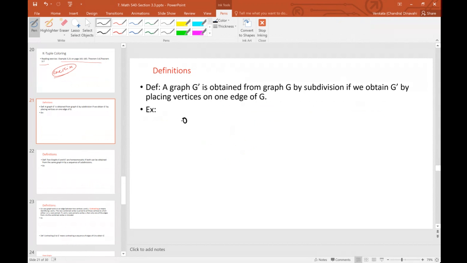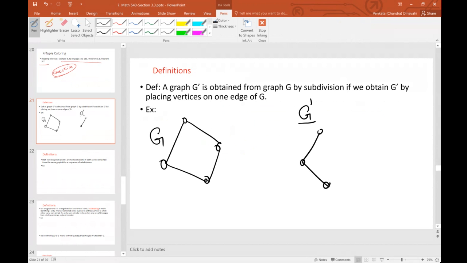Take a graph. What is the meaning of subdividing this graph? That means you are constructing another graph G prime. The only thing you're doing is take the same graph. This is like a 4 cycle, and you place a couple of vertices on some of the edges.